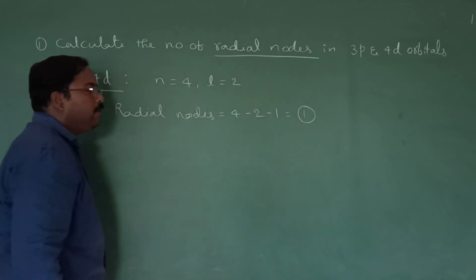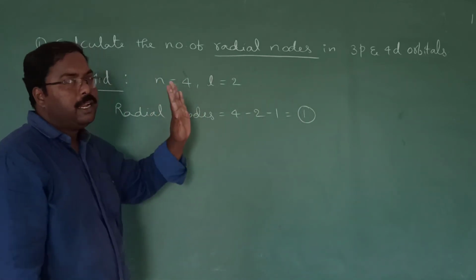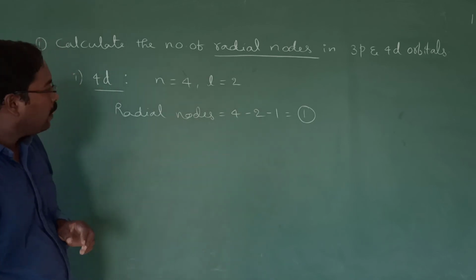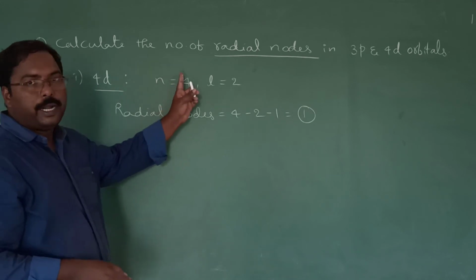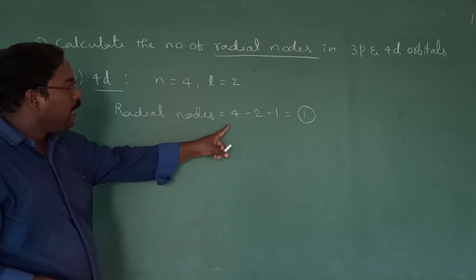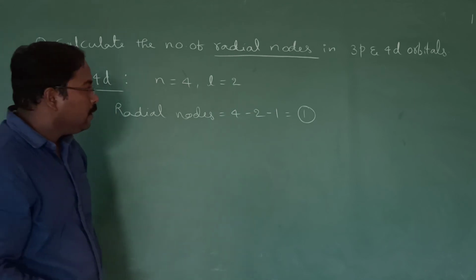So it will also have only one radial node. Note: now you got an idea how to calculate the number of radial nodes. The formula is n minus L minus 1. Okay?